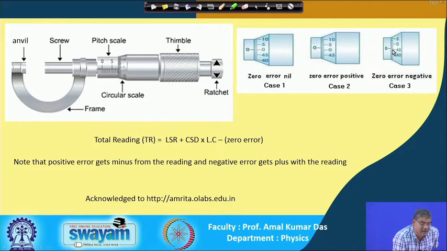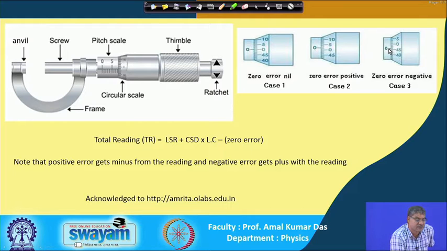So, from this zero, how many divisions of the circular scale does it cross? That we have to take. Here, counting 1, 2, 3, 4, from this zero to this zero, these 4 divisions of the circular scale cross the zero of the linear scale.